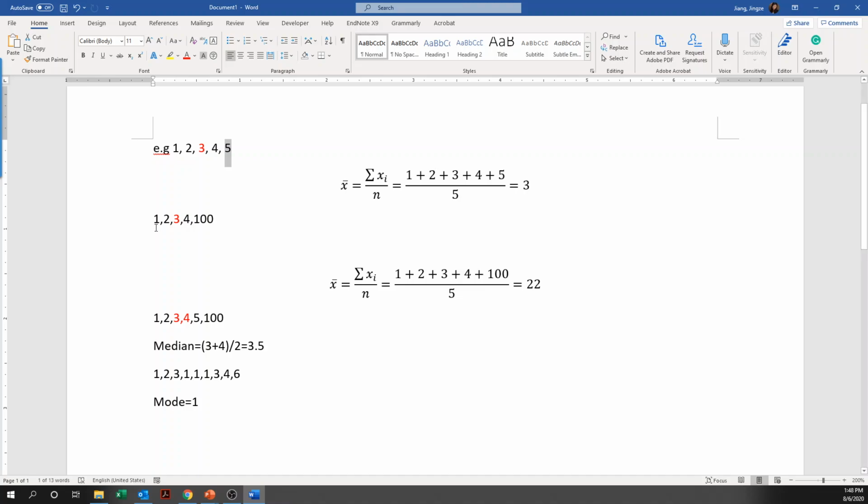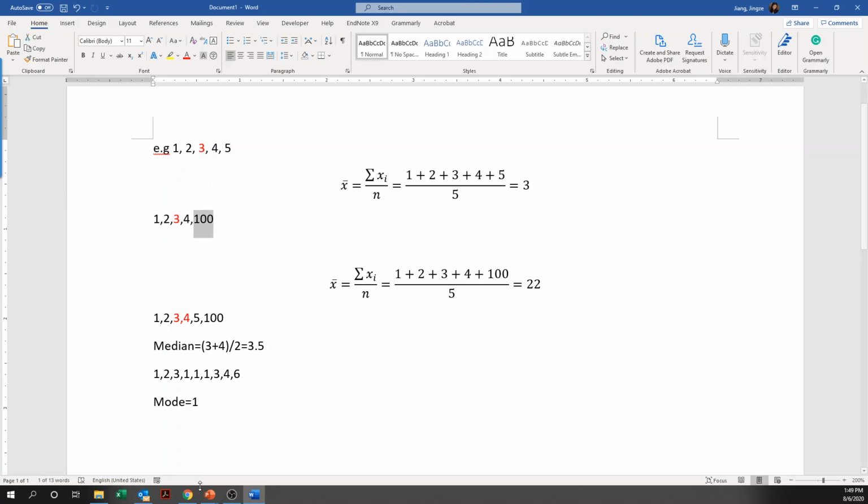If you go back and look at your original dataset, the majority of the data are very close to each other, except the last one, which is the largest one. This is an extremely large value. That makes the range very biased, an improper statistic to measure the variability, because this value is very large.